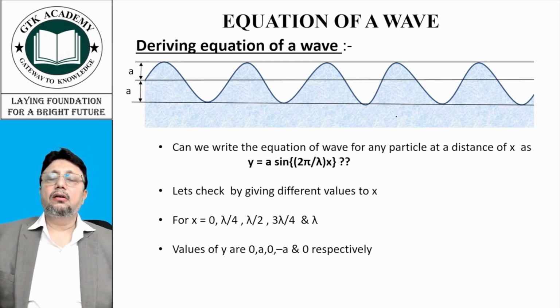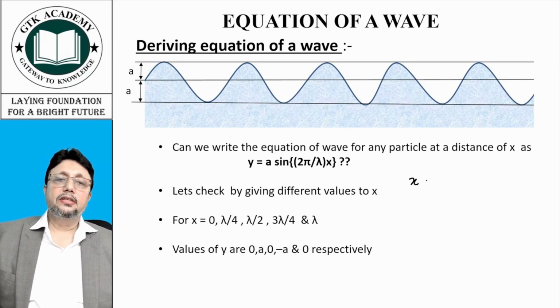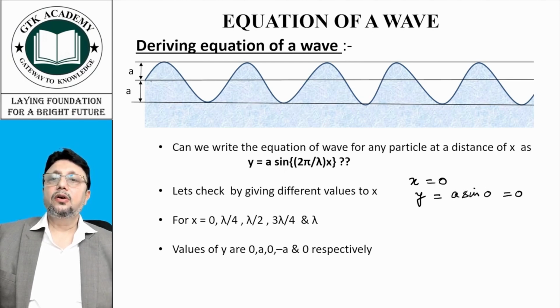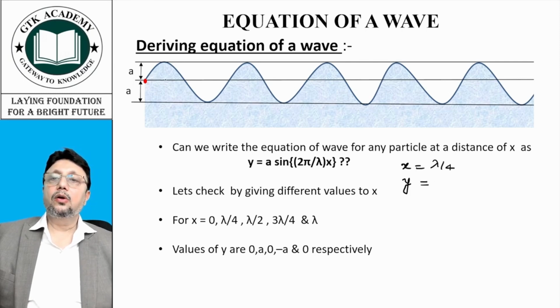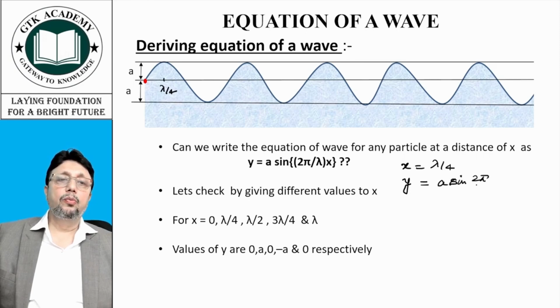Let's check it. x is equal to 0, y is equal to a sine 0, which is equal to 0. That means we get this point in red. x is equal to lambda by 4, y is equal to a sine 2 pi upon lambda into lambda by 4.